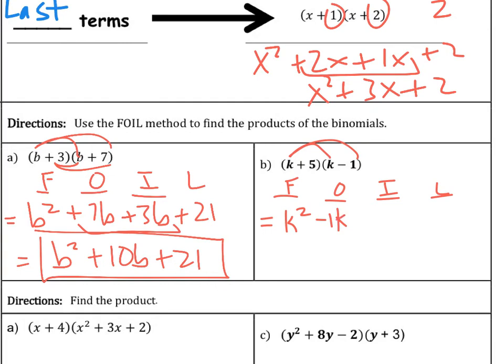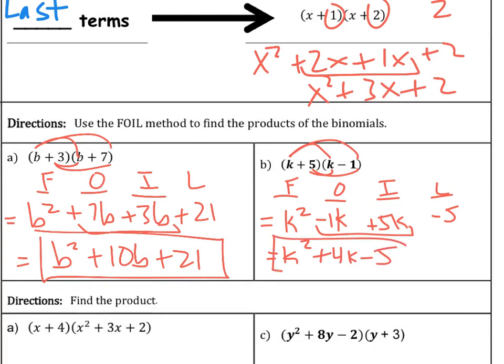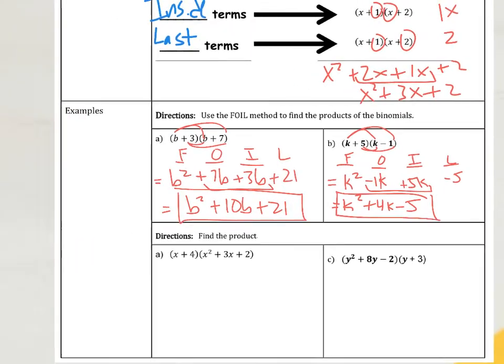The inside ones, 5K. The last ones, negative 5. All right? So K squared, combine these guys, negative 1 plus 5, that's 4K minus 5. And that is simplified.